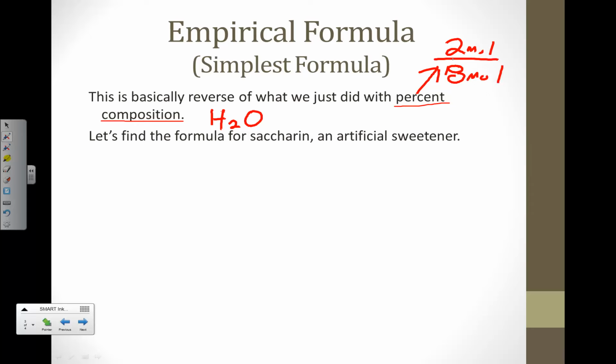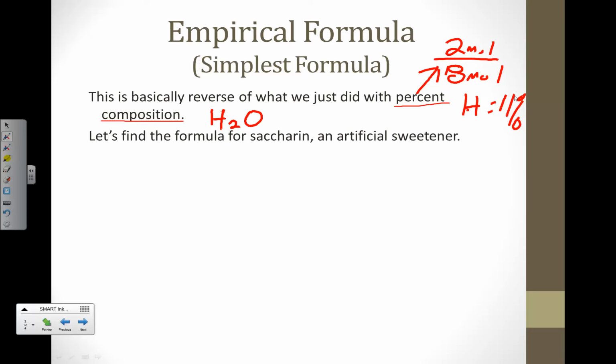So 2 divided by 18 is about 11%. So for our hydrogen here, hydrogen equals 11%, okay?